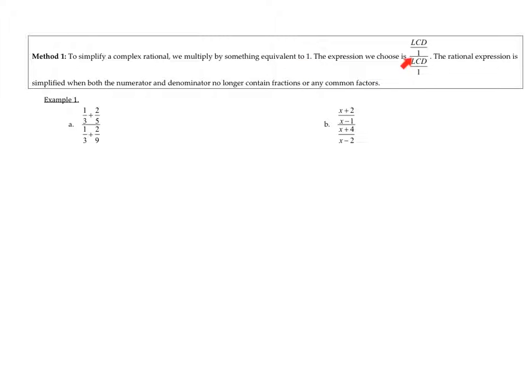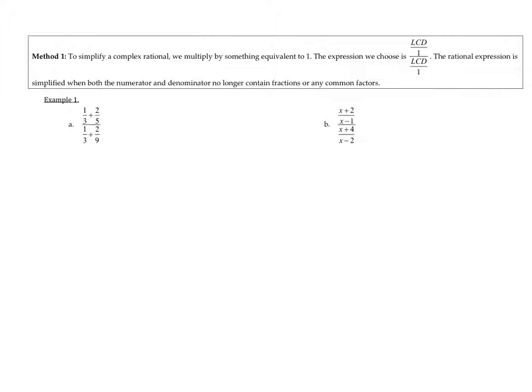We're going to choose an expression of the form the lowest common denominator over 1 divided by the lowest common denominator over 1. Notice that this is the same thing in the numerator and the denominator. When I say numerator and denominator, I mean the part above the large fraction bar. And so that is an expression equivalent to 1. We will be fully simplified when the numerator and denominator no longer contain any fractions or common factors.